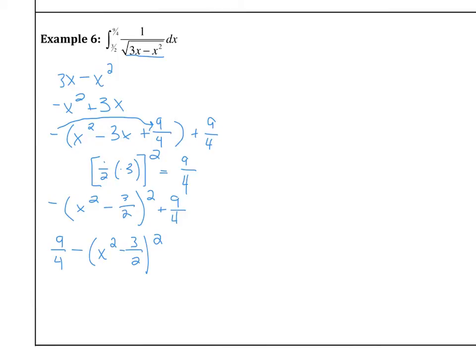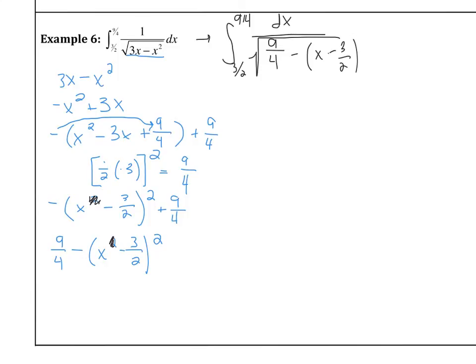So here, this will be 9/4 and 3/2 down here, and then we'll have dx over the square root of 9/4 minus the quantity. And I'm sorry, that shouldn't be x squared there. That's just going to be plain old x. My apologies. X minus 3/2 squared.